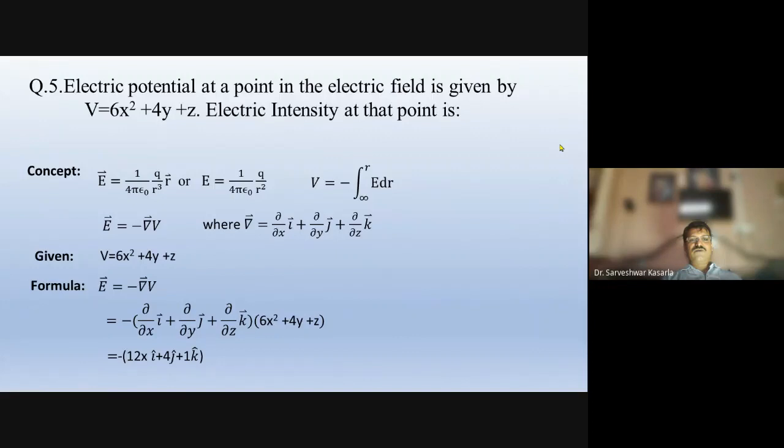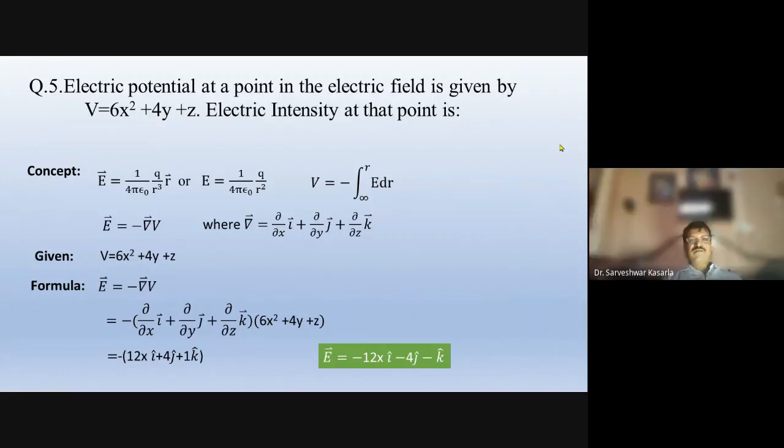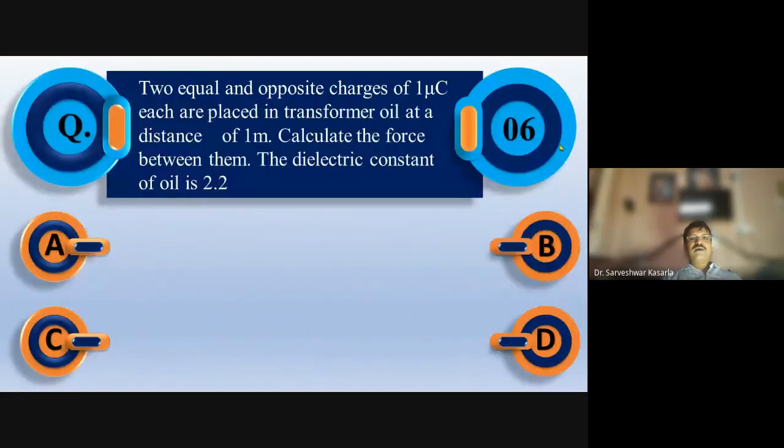So the answer is minus 12x i plus 4j plus k, with a minus sign overall. The final answer is minus of this. So you should know the concept of differentiation also, as I discussed. Yes, this is the next problem.